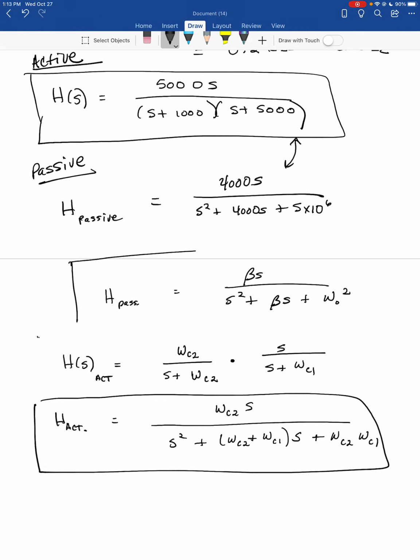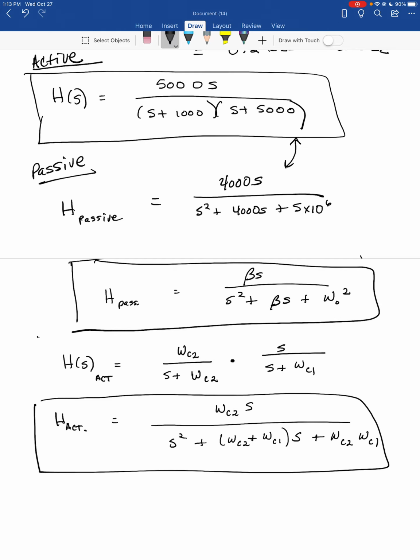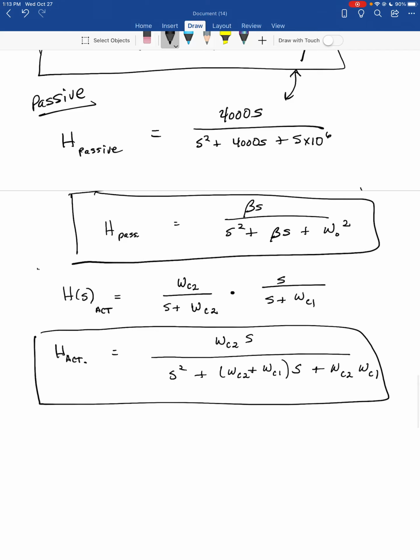So here's your active filter, here's your passive filter, your passive RLC. Both are bandpass filters.